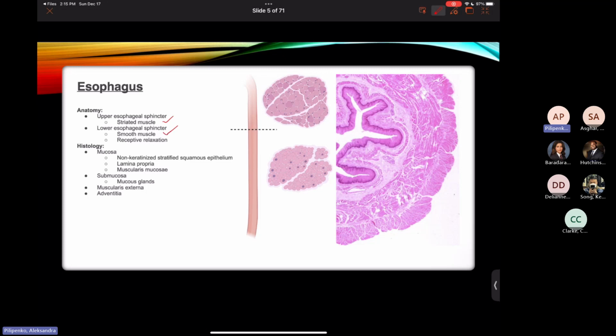For the histology, make sure you know how to distinguish between mucosa, submucosa, muscularis externa, and adventitia, because certain diseases involve the thickening of one layer versus the other.